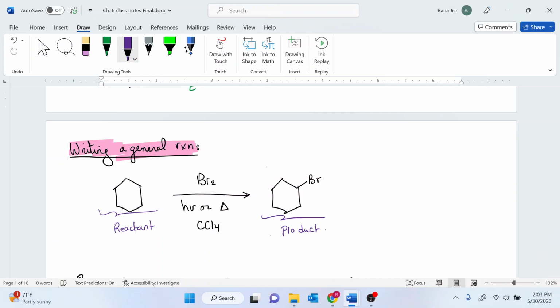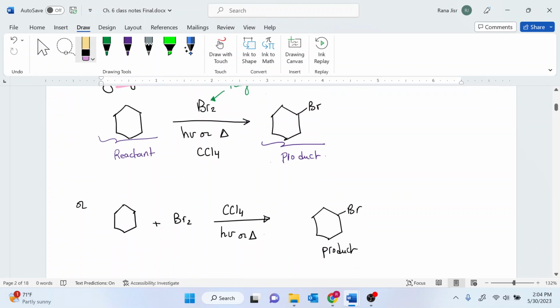Now, reactants always react with reagents, and the reagent can be above the arrow. So this is the reagent, or it can be before the arrow. So this is going to be my reagent. Reagent is whatever the reactant is reacting with.